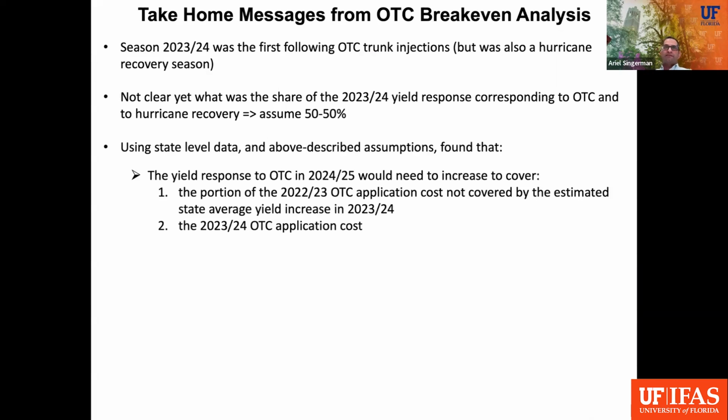And using state-level data and the descriptions that I mentioned before, what I found was that the yield response to OTC in 2024-25 would need to increase to cover the portion of the 2022-23 OTC application not covered by this past season state average yield increase and the 2023-24 OTC application cost.